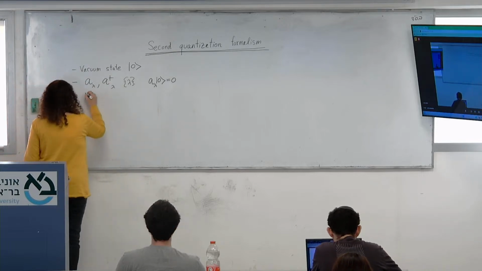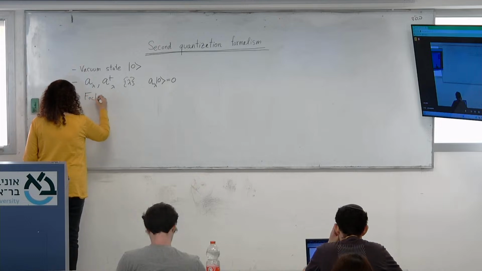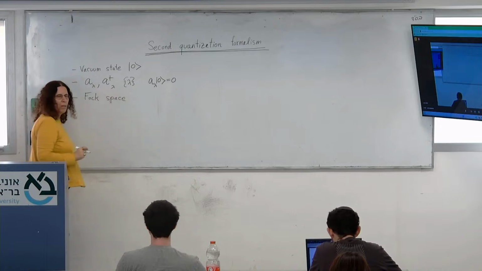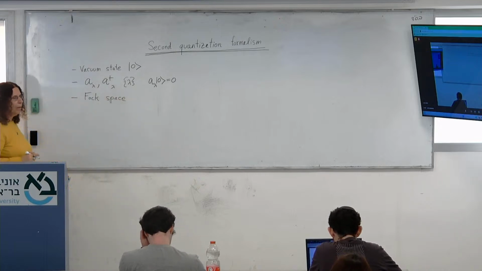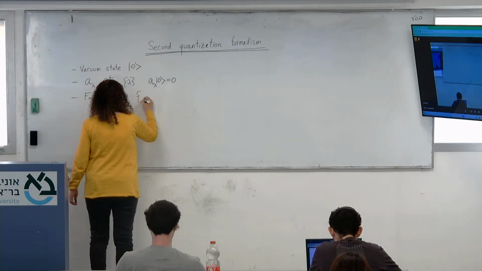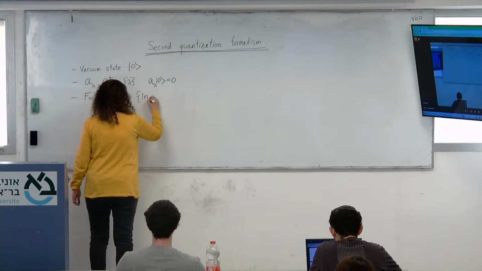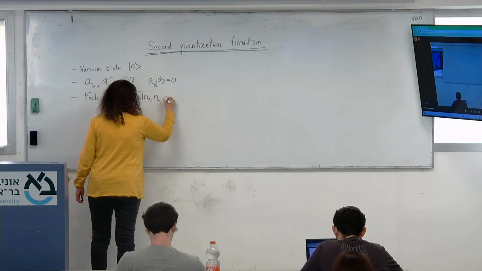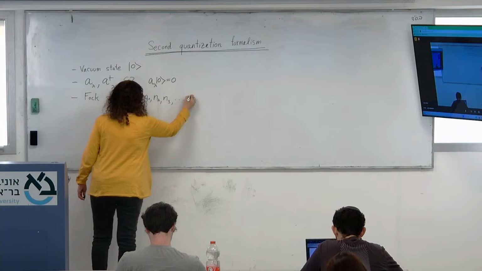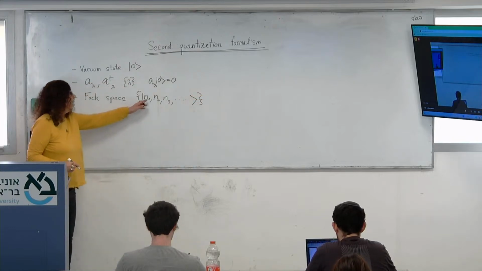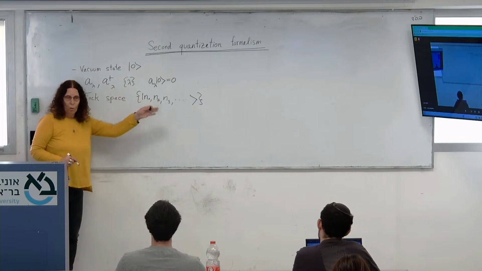So the Fock space, which is the Hilbert space we are going to work with, is spanned by the basis states of the form N1, N2, etc., where the N lambdas are the occupation numbers.